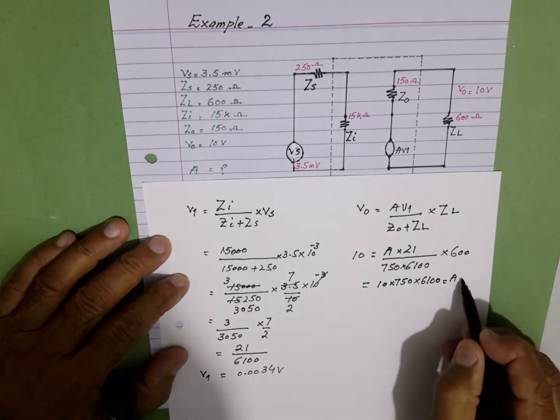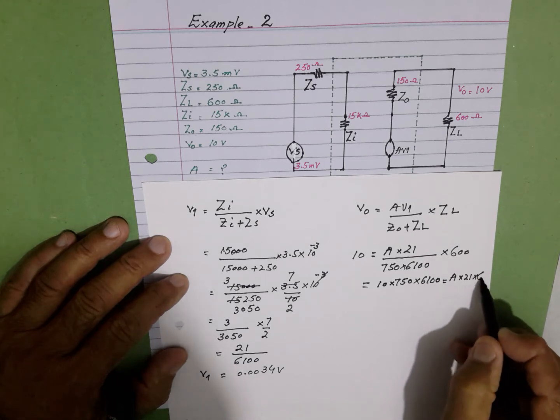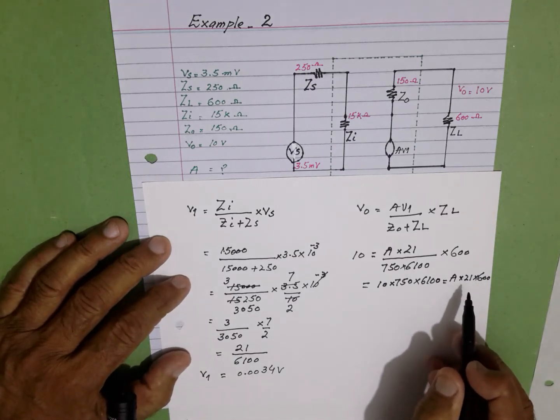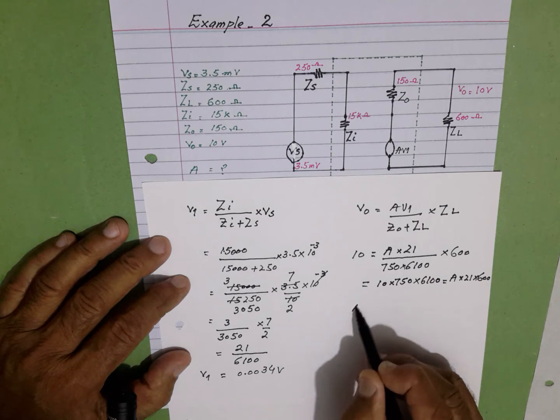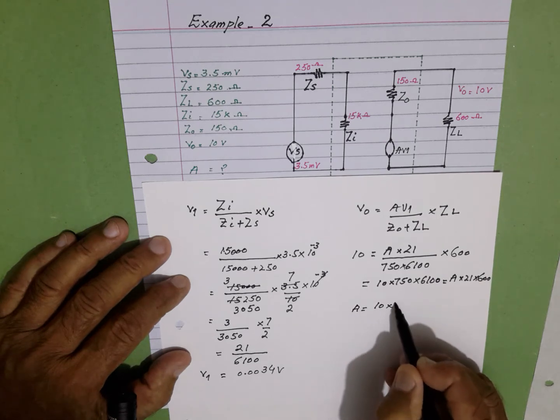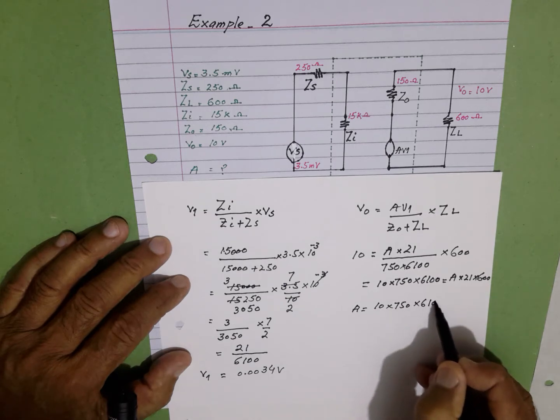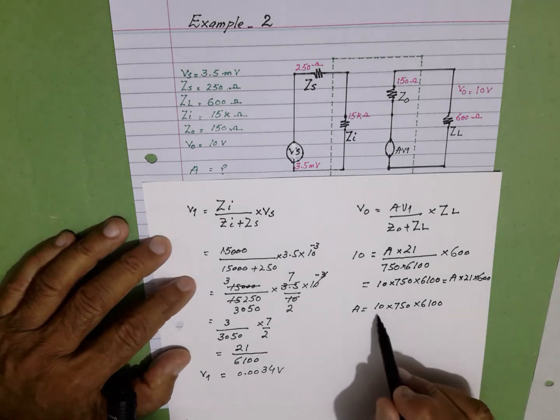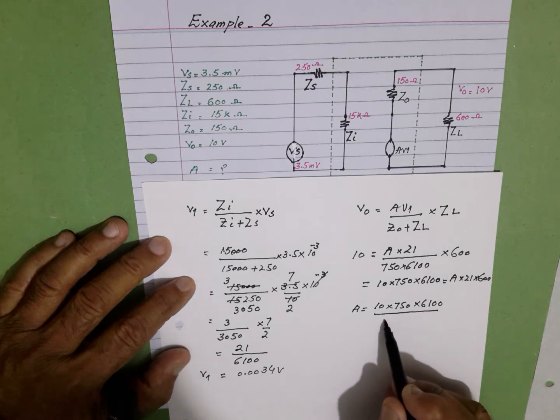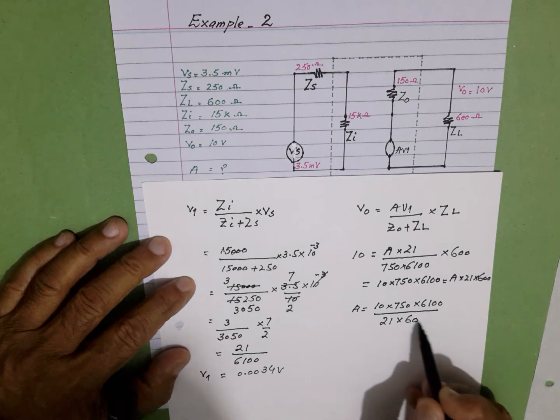Or we can take out A and write A is equal to 10 times 750 times 6100 divided by 21 times 600.